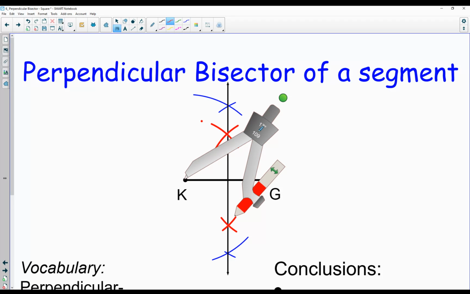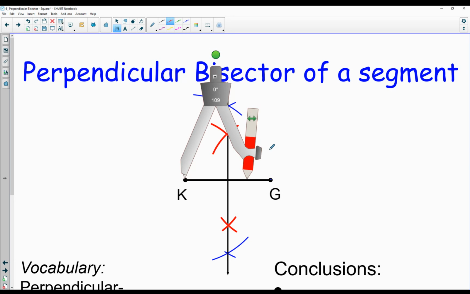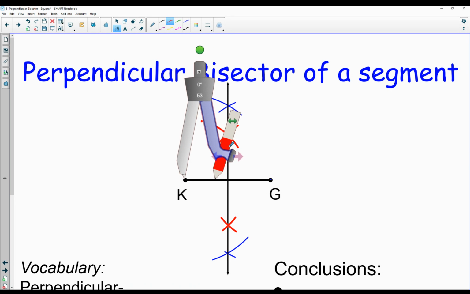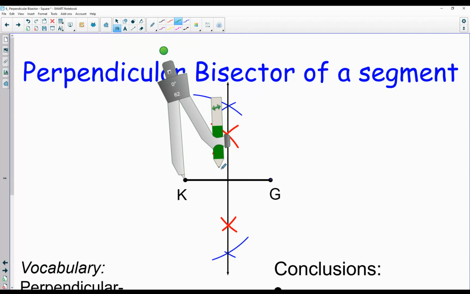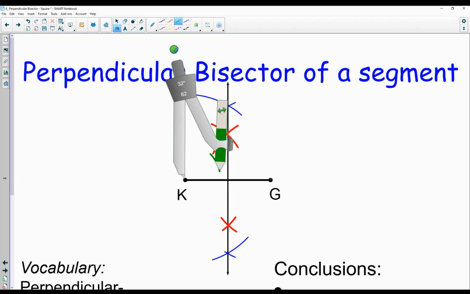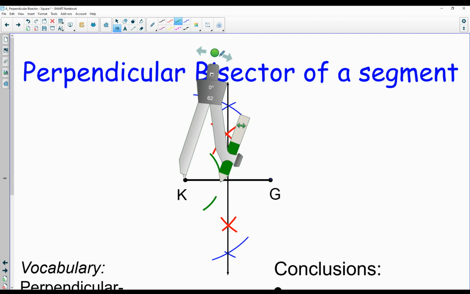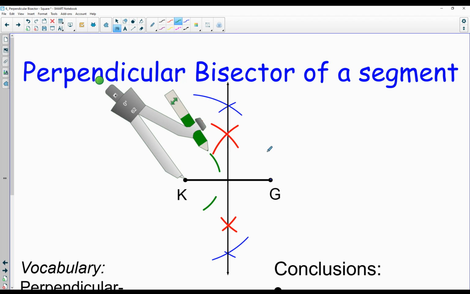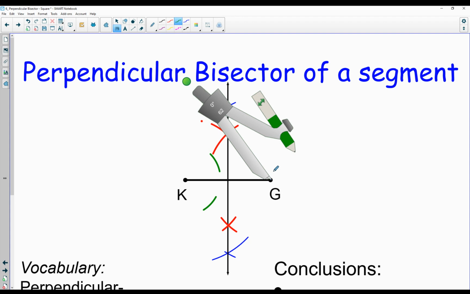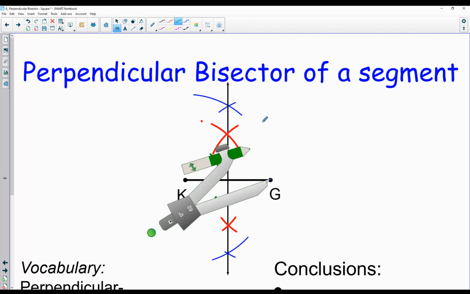But let's take a look at what happens if I don't go more than halfway. They go really, really close, but not exactly halfway. Okay, I'm going to make an arc above and below. And before I go any further, do you think you know what's going to happen? Yeah, they're not going to intersect. Because when I go to G and I go to make my arcs, they're going to be all the way over here.